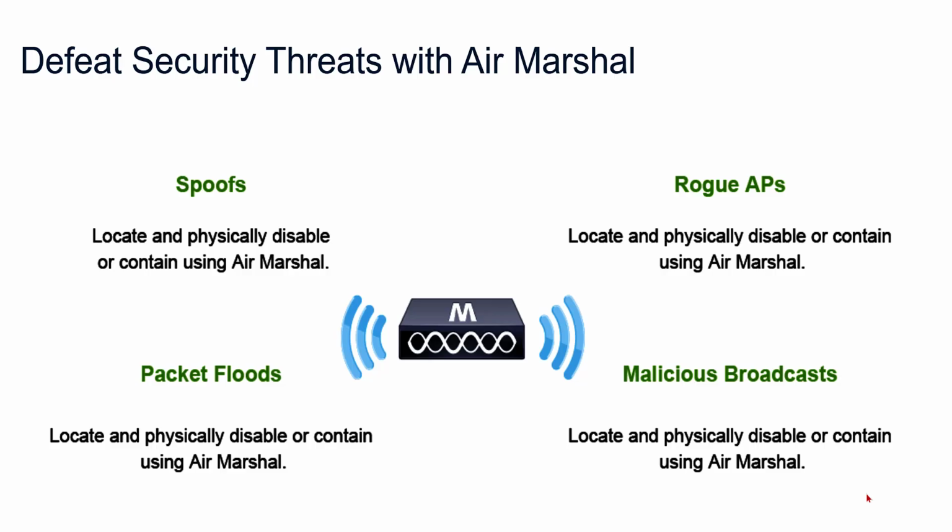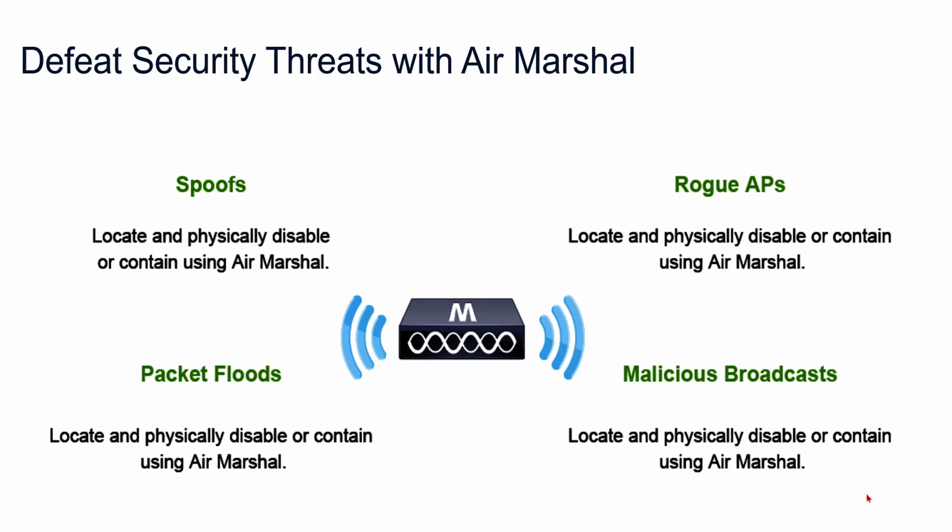Again, our goal is to prevent association or to disrupt connectivity. So we identify the RF source using Air Marshal, and then we correlate that with client failures, with association or authentication drops, and then we apply containment, but we do it with caution. And ultimately, again, physical identification and removal is the real world fix here.